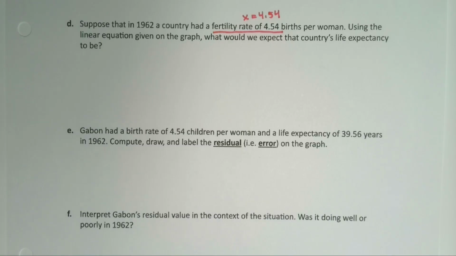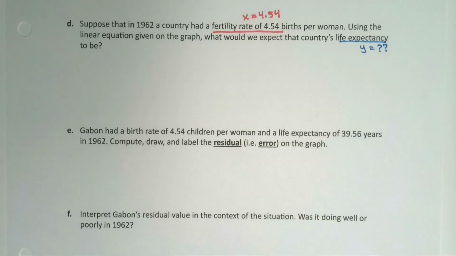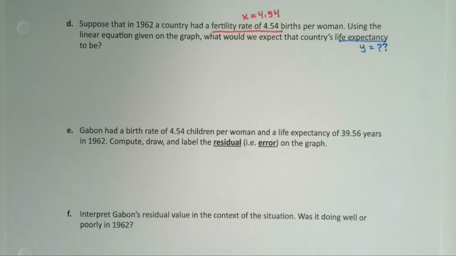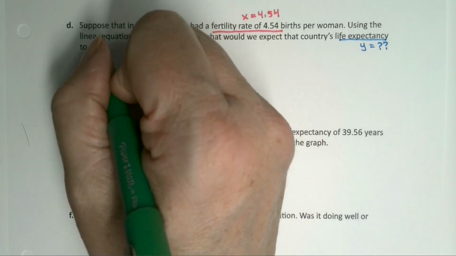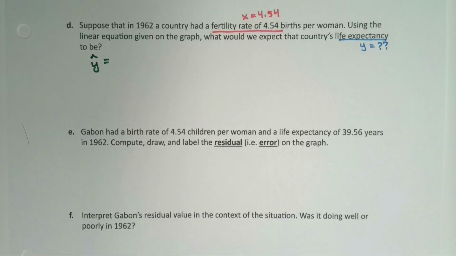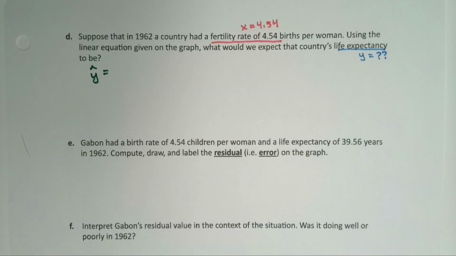So in other words, what's the y, right? The y equals what? Now this is the opposite of the one we just did. So we know that our equation is y hat equals, and I forgot to put the hat on the last one. Whoops. It's not a big deal, but technically it's a y hat.